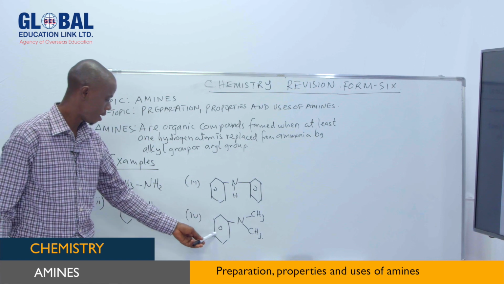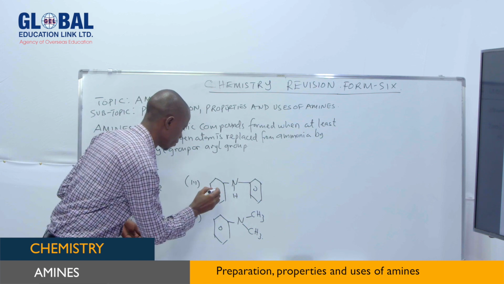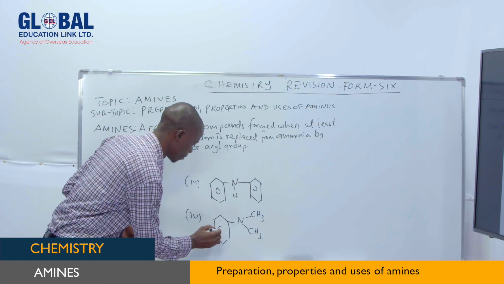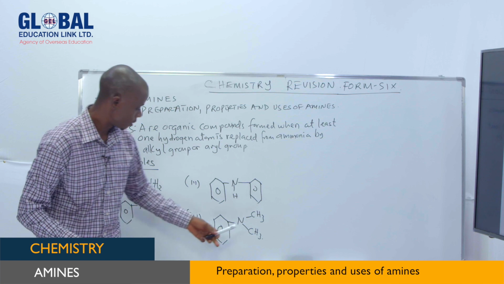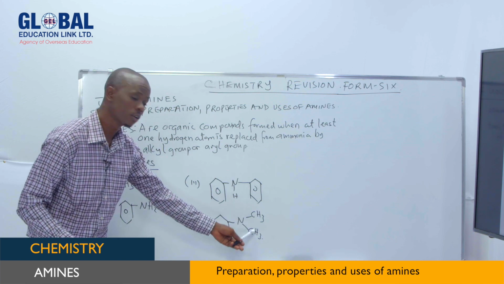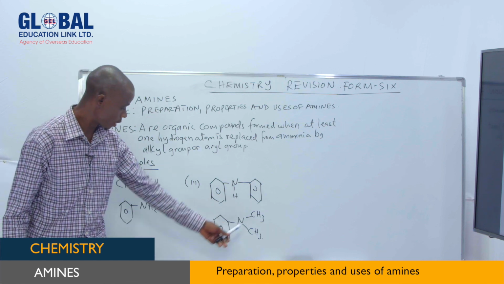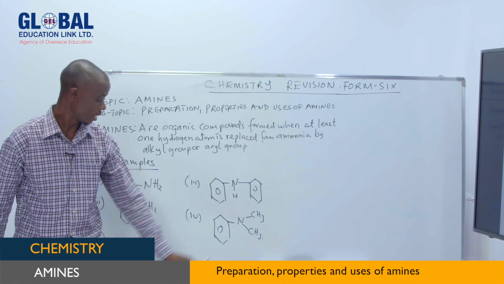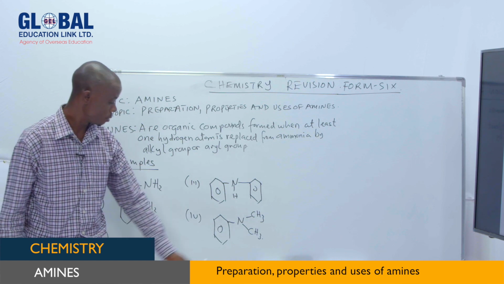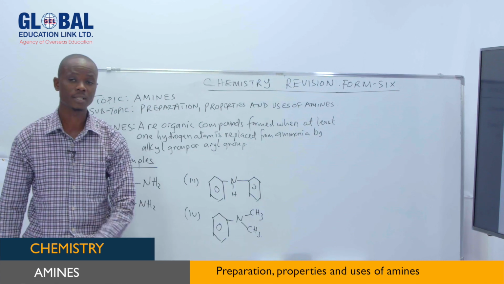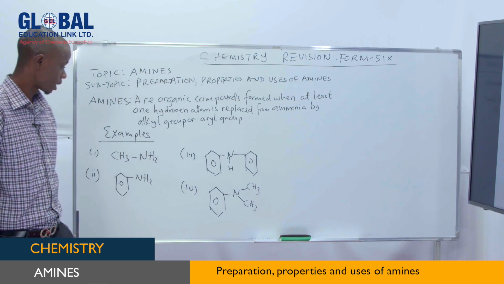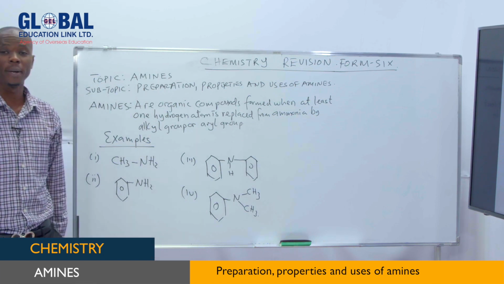This is an alkyl group. These are alkyl groups, and this is an aryl group. So you can see there is no hydrogen atom on nitrogen. That means all the hydrogen atoms have been replaced from nitrogen. So these are examples of amine.